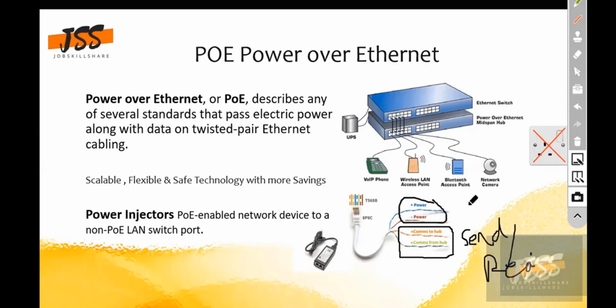The rest of the 2 are sitting idle. So they came up with the idea, why not use these 2 pairs for power? So that is the reason when you plug this voice over IP phone into the switch, which is PoE capable, it will get the power as well as the data from the same cable.